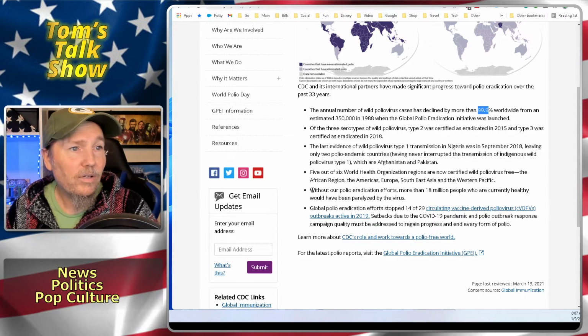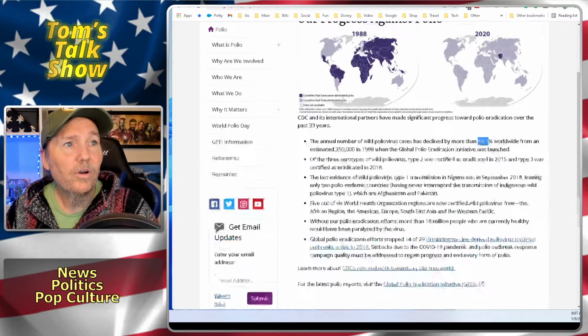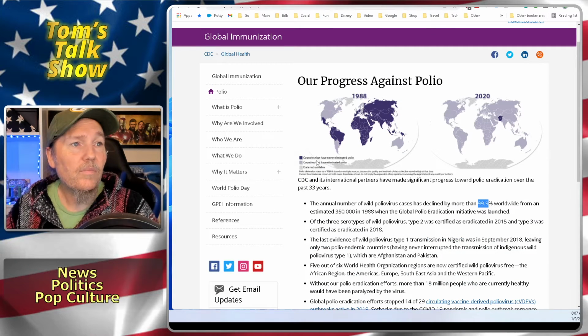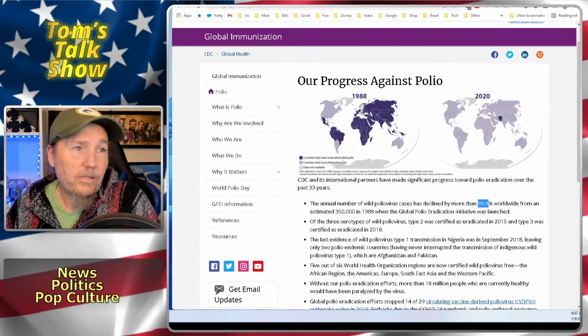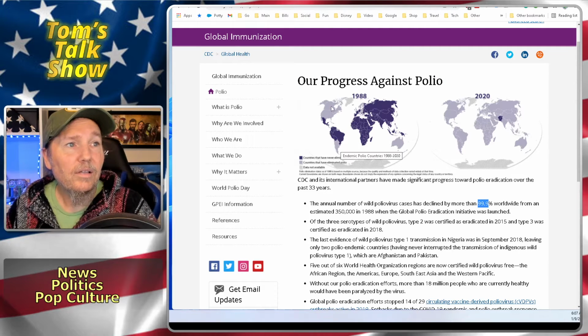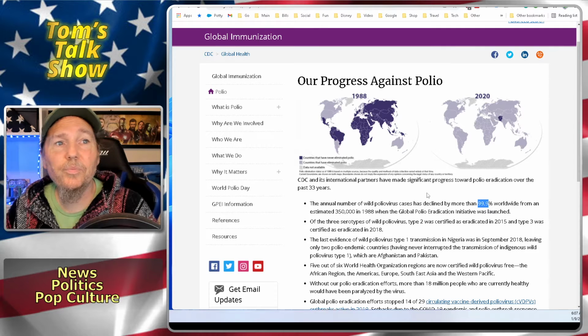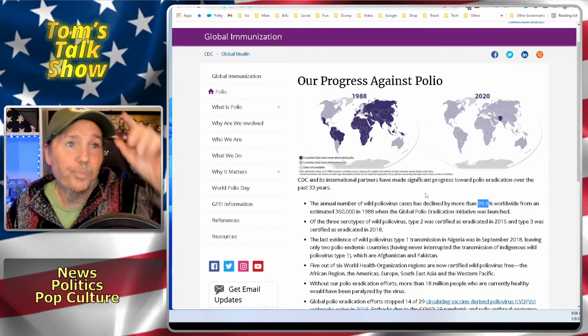So down here, there are parts of the world that don't. The lighter colors in this little chart around the world have completely eradicated polio. The darker parts are the ones that still have some polio. But the rest of it, United States, there's none. Canada, pretty good.